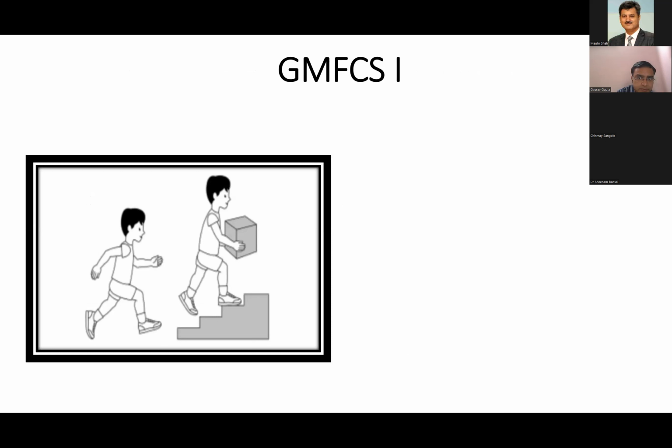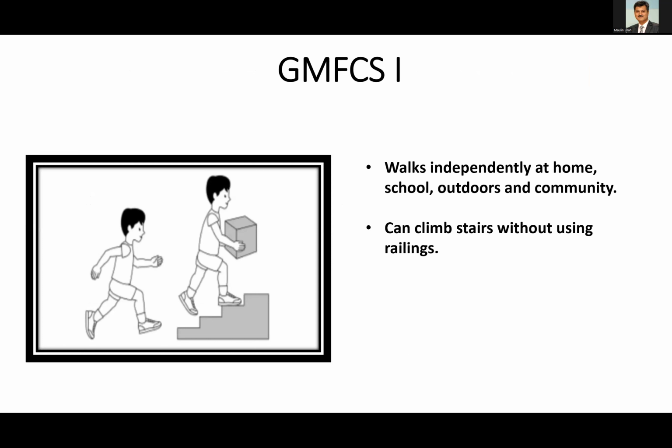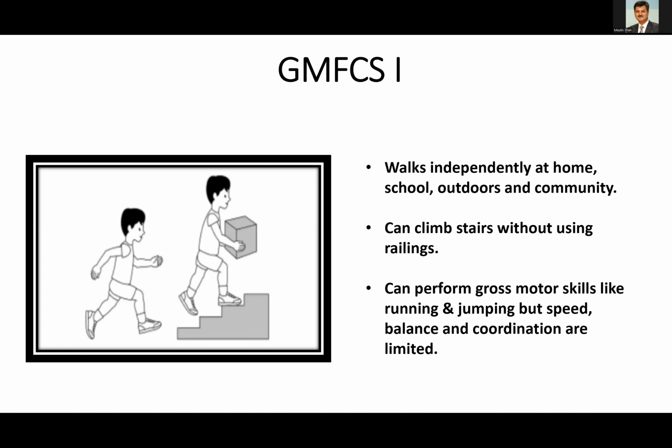GMFCS 1, where the child can walk independently at home, school, outdoors, and community, can climb stairs without using railings, and can perform gross motor skills like running and jumping, but the speed, balance, and coordination are limited.